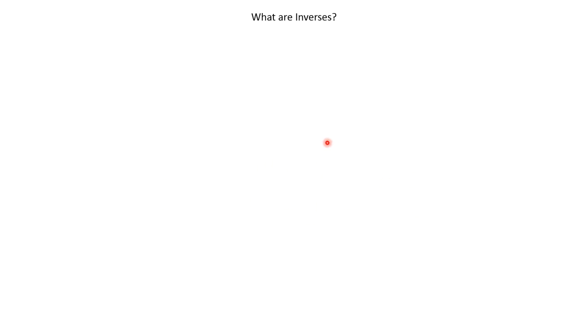So, let's start out with what are inverses? As a little refresher, in just a general sense, an inverse switches the input and the output. The inverse of a function to get degrees Celsius if we have degrees Fahrenheit would be the one to get degrees Fahrenheit if we have degrees Celsius.